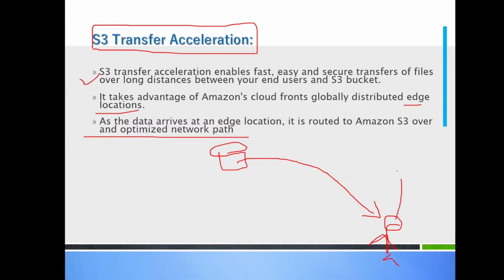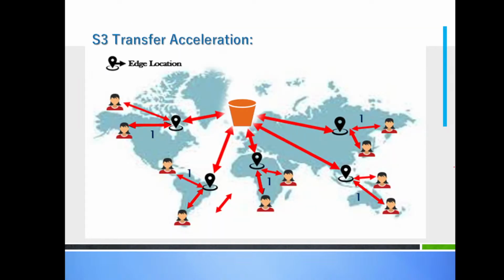So if you are uploading the data directly to S3, let's say it is taking you 1 hour because you are far from your S3 bucket, and because of so many network issues between you and your bucket. Remember, when you are uploading the data over the internet, there are so many intermediate servers coming into the picture, right? Have you seen that when you're downloading any file, you get a constant speed or you get a variable speed?